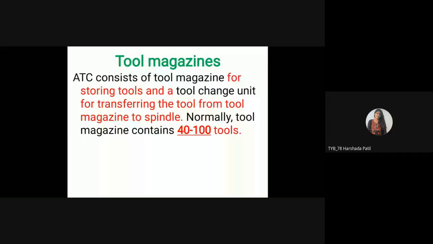Just imagine if one single machine carries more tools, we can easily reduce the tool collecting and placing time and the tool setup time, and then we can easily produce a large number of products.